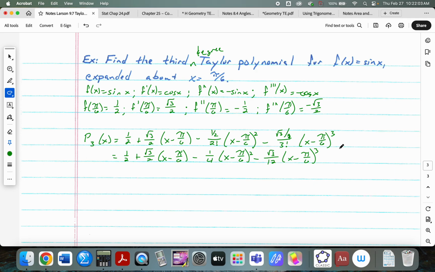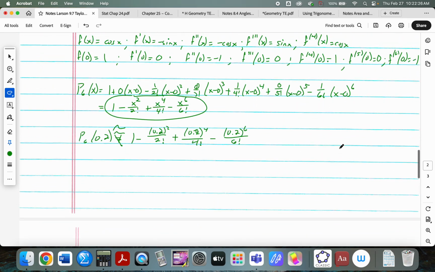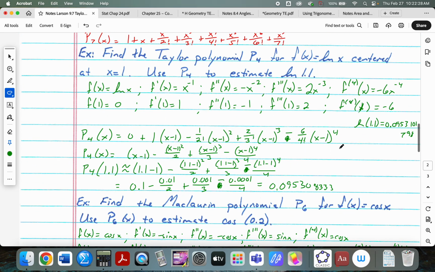So you can center these wherever you would like. In terms of being a realist, when you center this at pi over 6, it just gets a lot uglier. A lot of times we center around something convenient. So for example, for sine and cosine, centering at 0 is very convenient. You'll notice that for natural log, we didn't center that at 0.